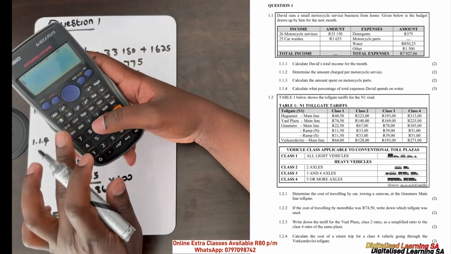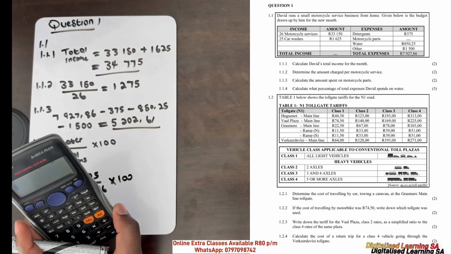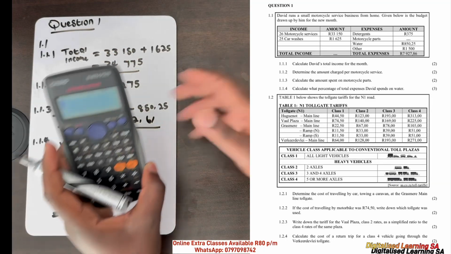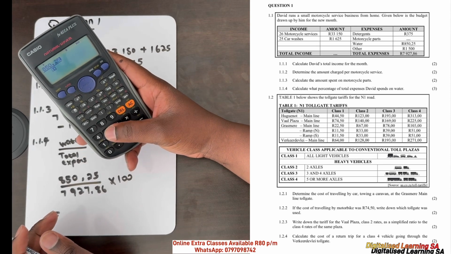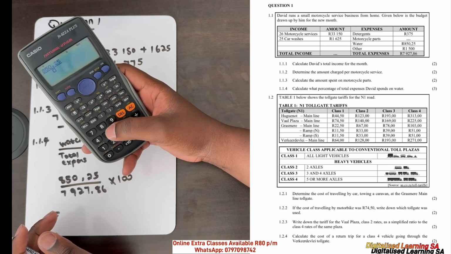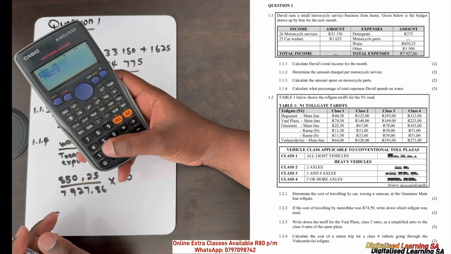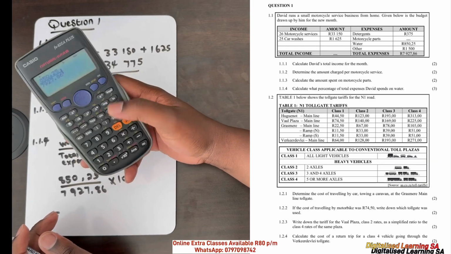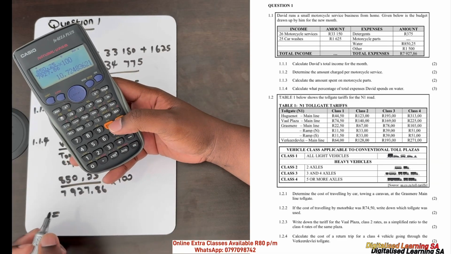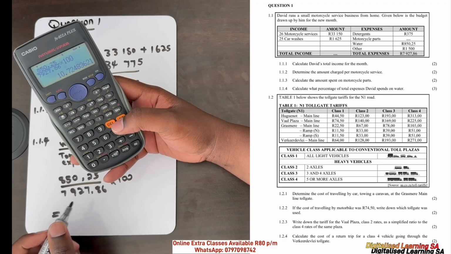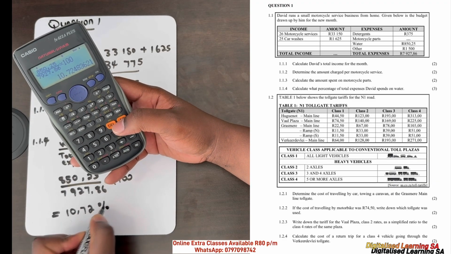We plug this into our calculator: 850.25 divided by 7,927.86 multiplied by 100, and our answer will be 10.72%.